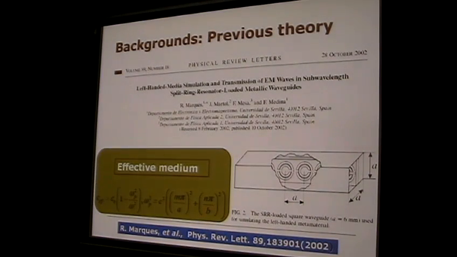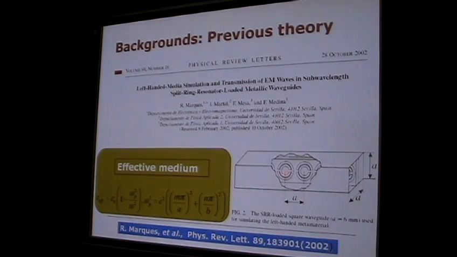Now the background. Around 2002, a Spanish group did an experiment and theory to show the following. If you put something inside a waveguide at cutoff, originally the waveguide cutoff cannot transmit anything, because at cutoff the wave inside is always evanescent, so nothing can transmit through this waveguide cutoff.